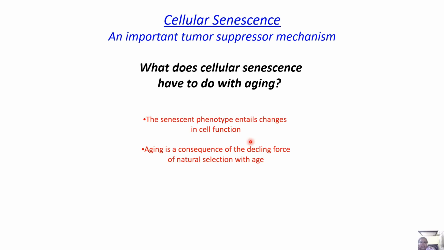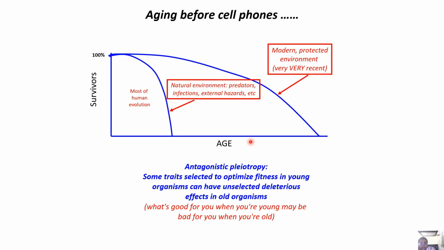Now, the senescence phenotype entails changes in cell function. Aging is a consequence of the declining force of natural selection with age. If you look at this graph, with survivors on the y-axis and age on the x-axis, you can see how it goes.